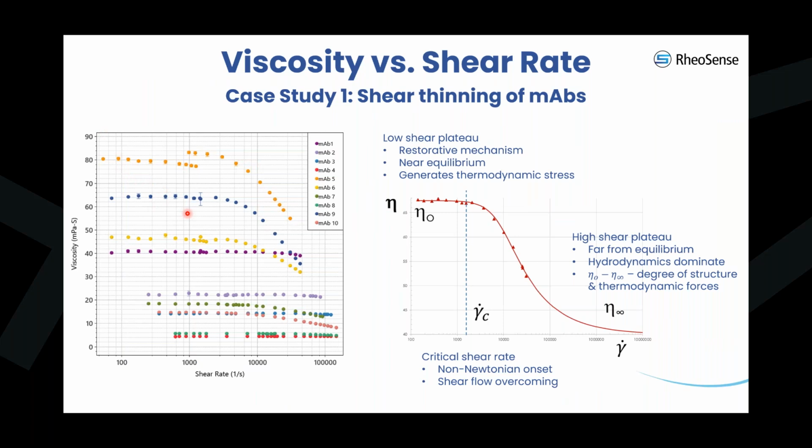That's artificial shear thinning because of the interfacial artifact. The sample can migrate toward the interface, and it shows artificial shear thinning. That shear thinning is not real. So this is one of the main limitations of cone and plate viscometers or rheometers for measuring protein samples.